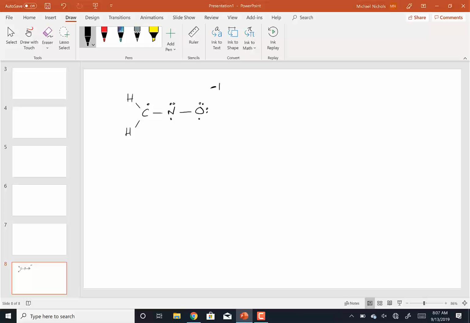So I didn't put the extra electron in here. I'll just put it there. That's kind of a starting point. Just pick it up and move it somewhere else. I think you got too many electrons.